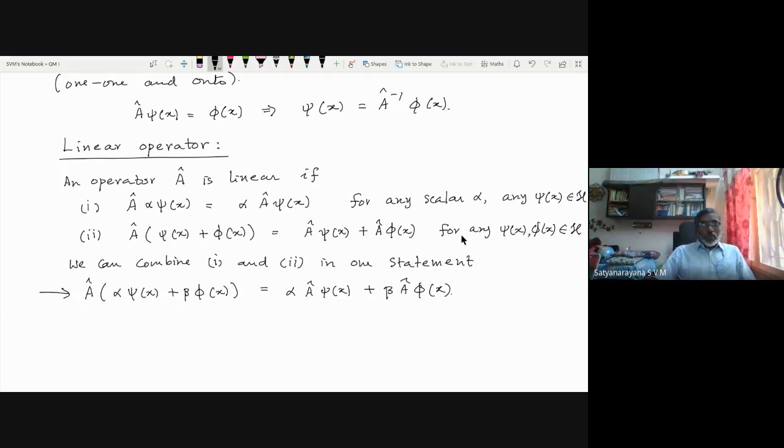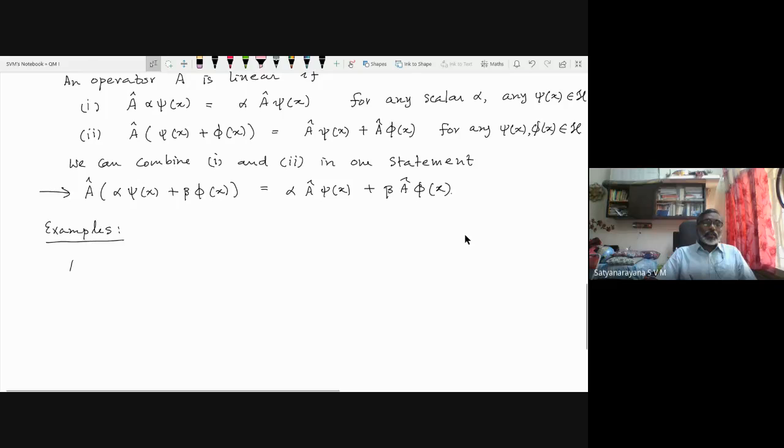Now, within the context of the most general definition of what an operator is, you could define an operator as anything that maps one function to another function. Let's look at some examples to get an understanding of linearity. Let's say a function A acting on some phi of x is equal to d phi by dx.